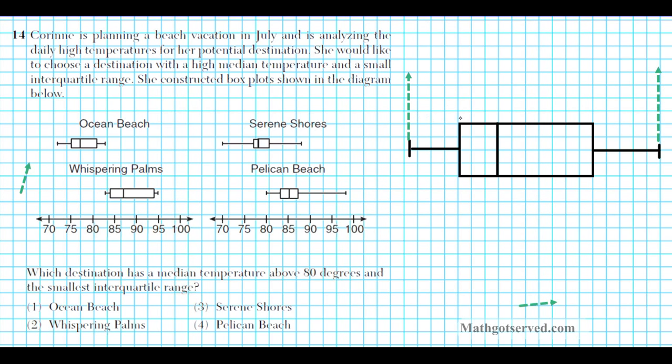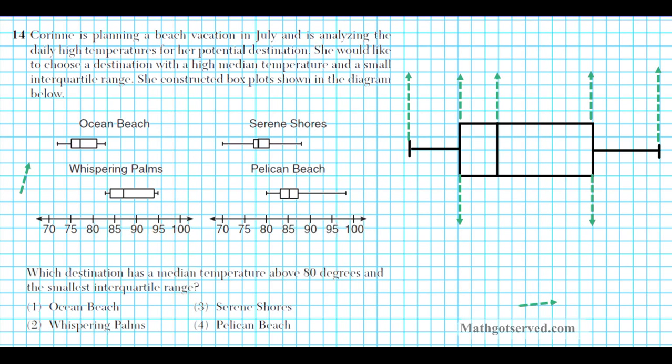And then this is your first quartile. This is your second quartile or your median, and this is your third quartile. Now, the difference between the first quartile and your third quartile is known as the interquartile range. So this distance from here to here is your interquartile range right there.